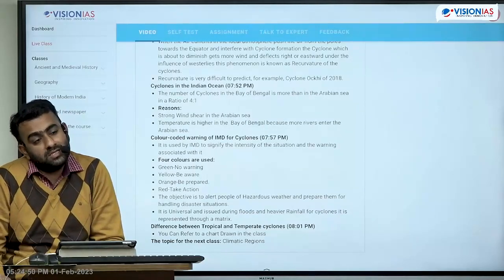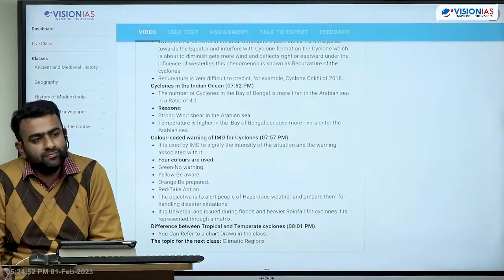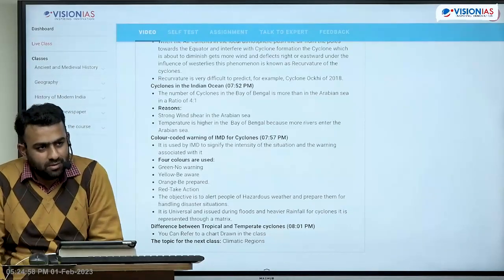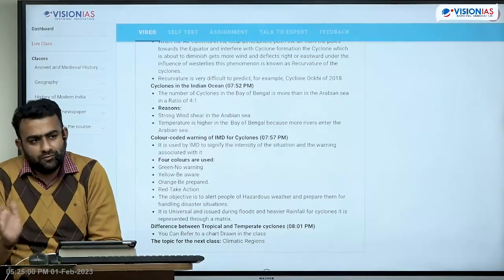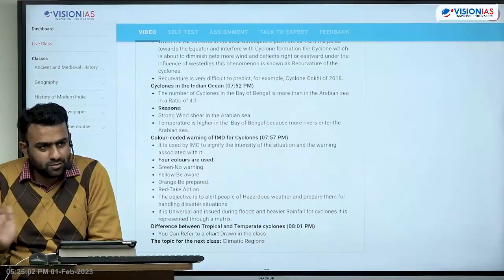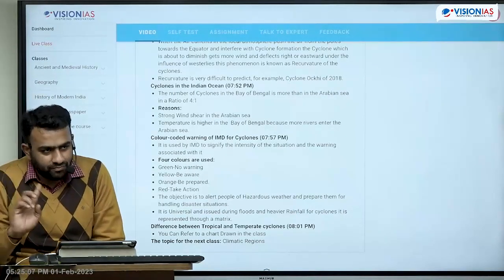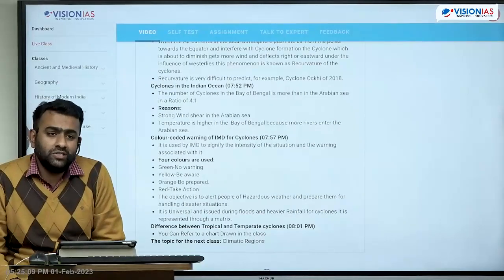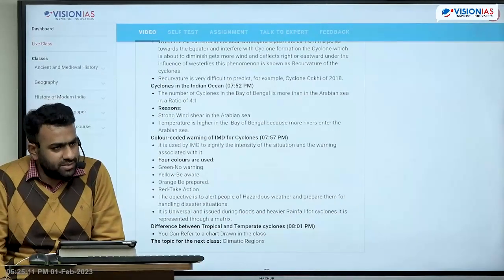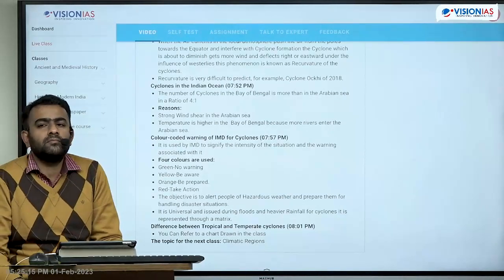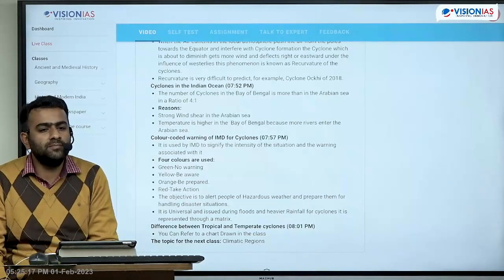You cannot say the cyclone is anti-clockwise. Clockwise or anti-clockwise is the direction of winds inside the cyclone. The cyclone moves from one place to another. During that path, it gets deflected. Bas. We are not defining the direction of the cyclone by clockwise or anti-clockwise. ठीक है? Any other doubts?